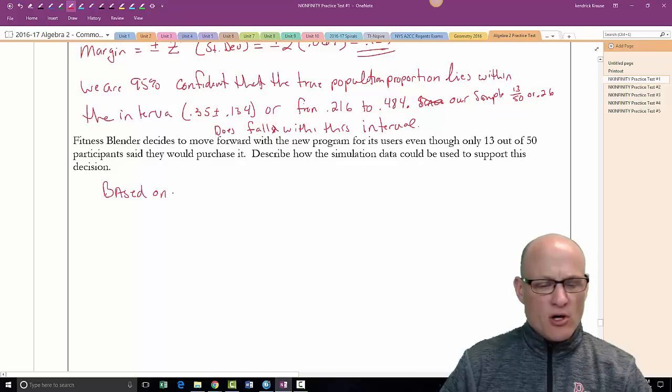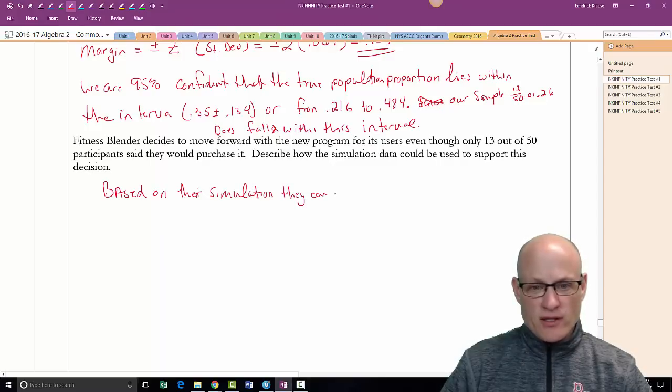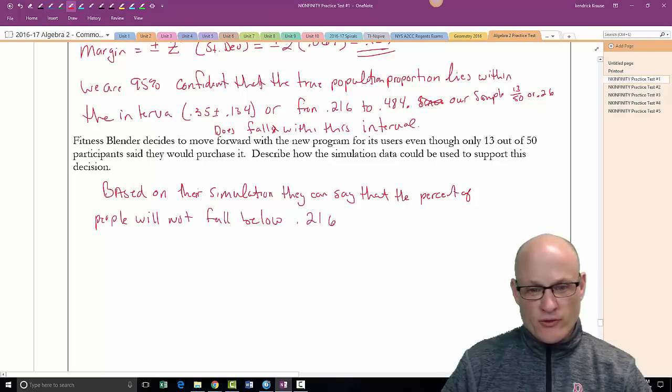Based on their simulation, they can say that the percent of people will not fall below 0.216. Actually, let's say this.